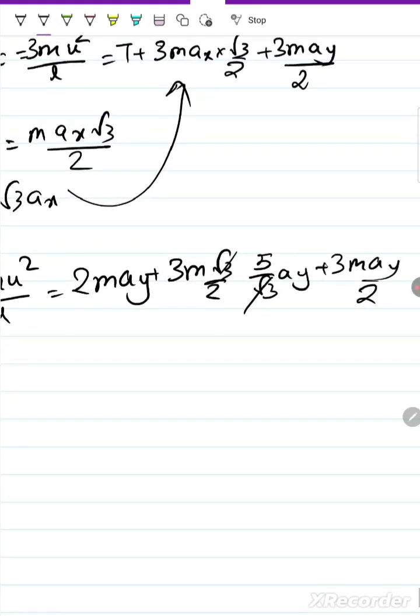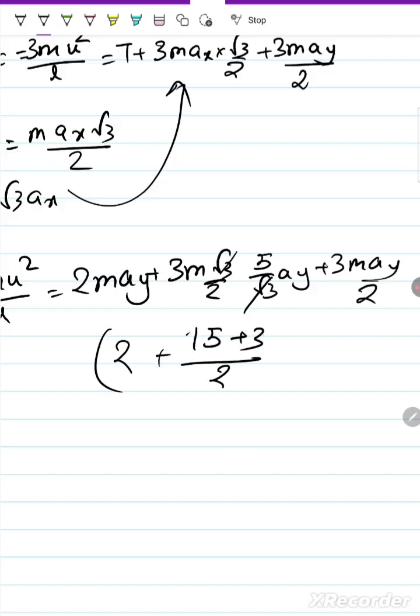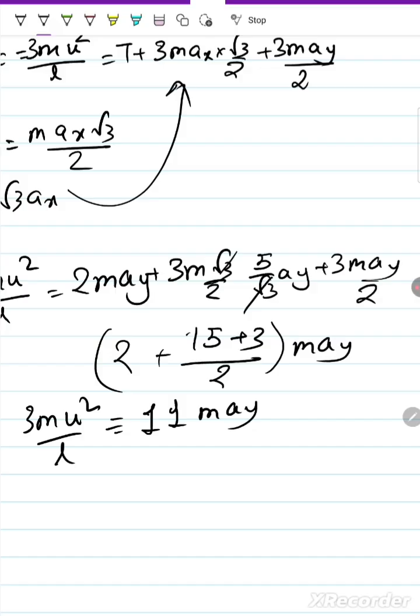Cancelling root 3, we get 5 into 3 by 2, 15 by 2, plus 3 by 2, plus 2, into may, which gives us 11may is equal to 3mu square by L. Hence ay is equal to 3u square by 11L.